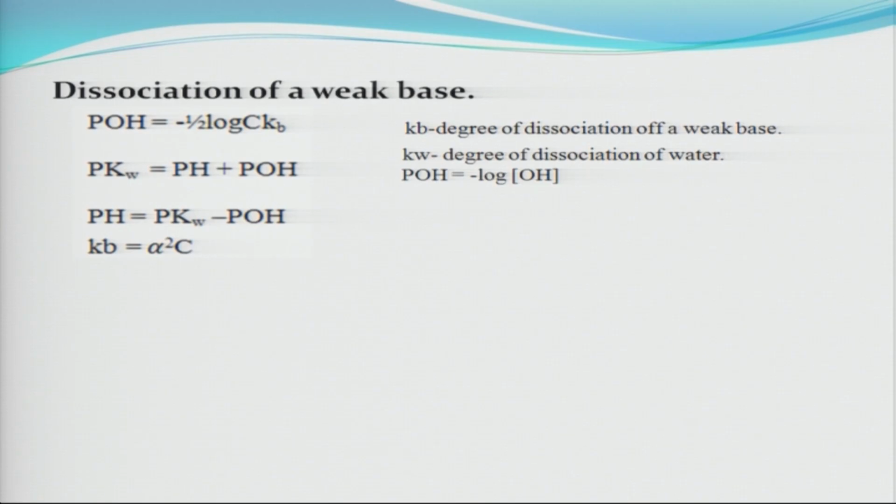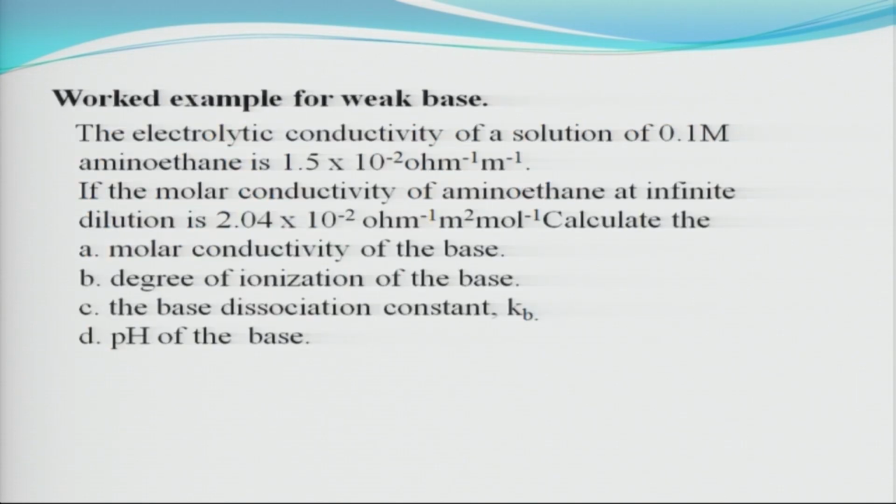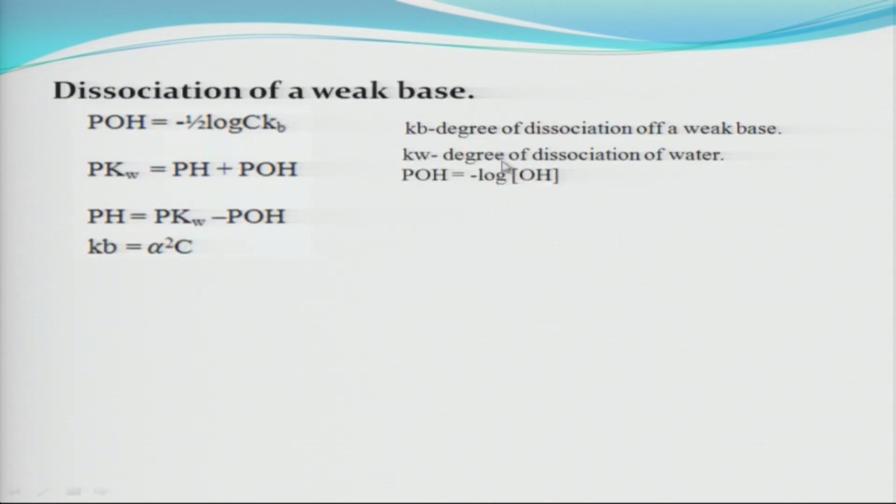So instead of using pH, we are using pOH. So what is pOH? pOH is negative log concentration of OH ions. But in our calculations we say that pOH will equal negative a half log concentration Kb. So instead of saying Ka, this time we are saying Kb. And pKw is equal to negative log Kw. What is Kw? Kw is the dissociation constant of water.